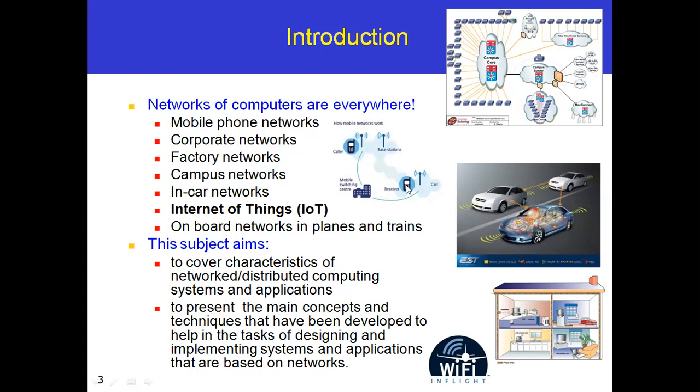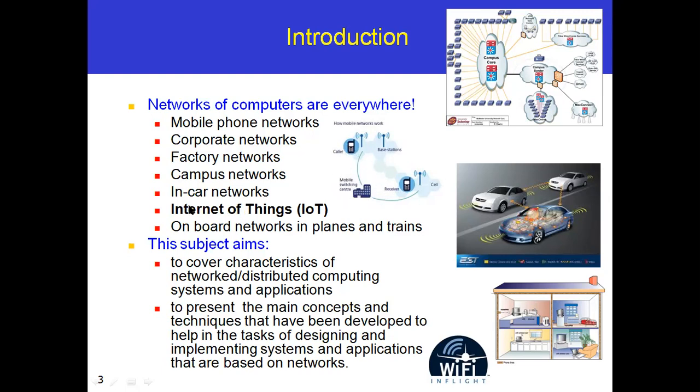In between these two, we have the base station, where we get all the information about the caller and receiver, and along with the base station, we have the MSC, mobile switching center. This is all together called a mobile network. In a mobile network, we have the caller, receiver, base station, and mobile switching center. This is one example of a network of computers.